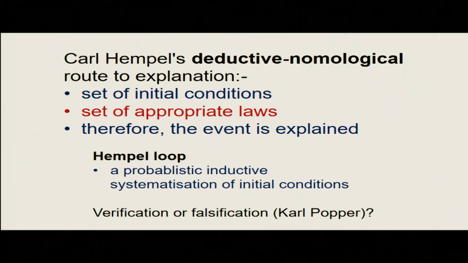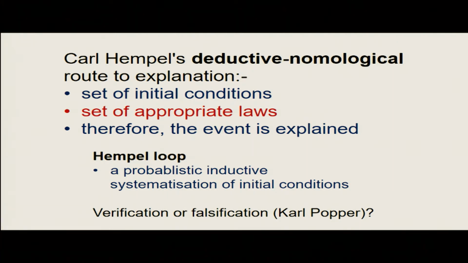he called this the deductive nomological route to explanation. We start with a set of initial conditions. Now, those might be obtained inductively. We look at them inductively perhaps, and we apply a set of appropriate laws that perhaps have been obtained deductively.